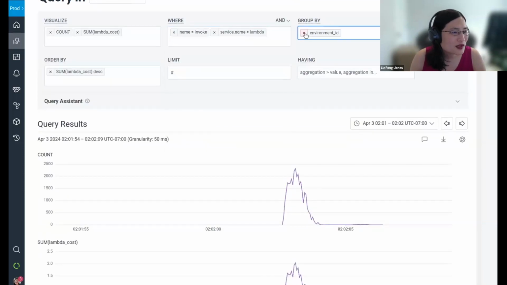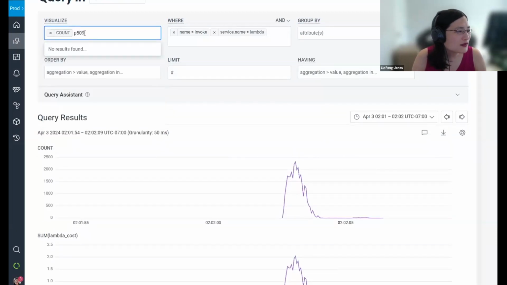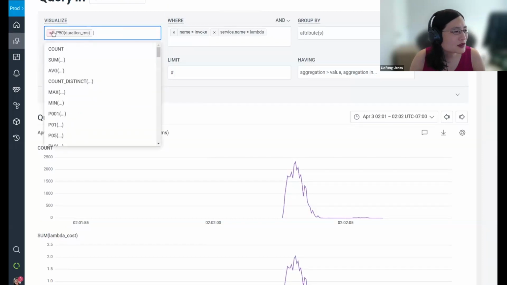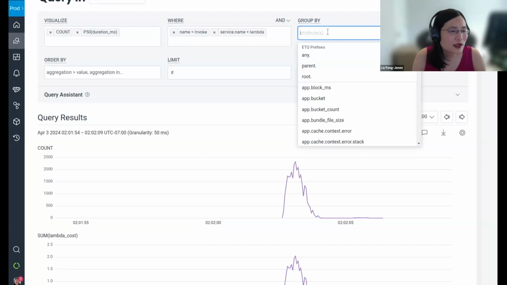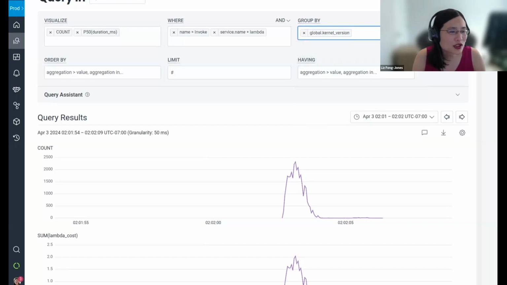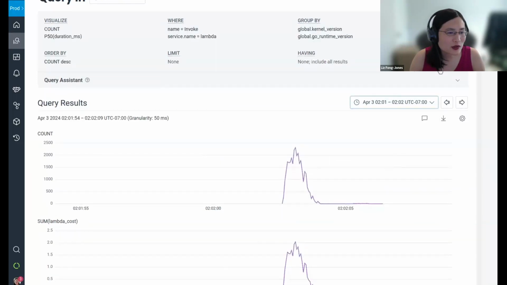We're going to group the P50 of duration. Actually, no, I do want the count, in case there's a data point that turns up only very briefly. So let's group it by global kernel version and global Go runtime version. And let's run it over 14 days.